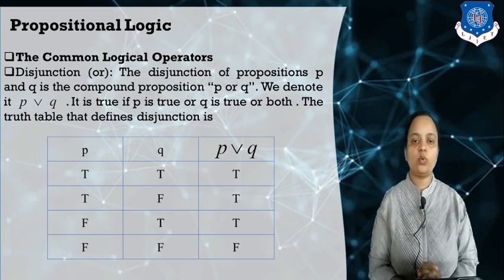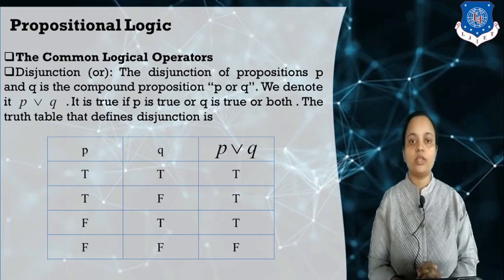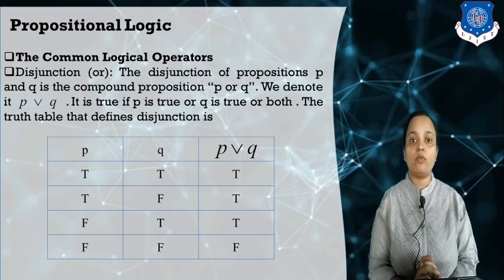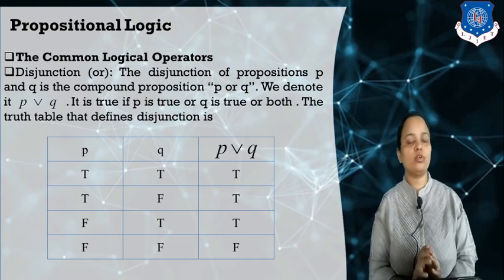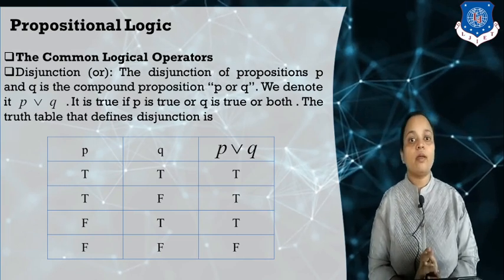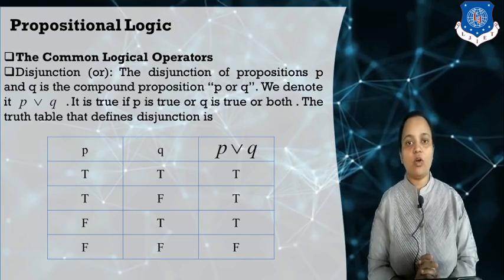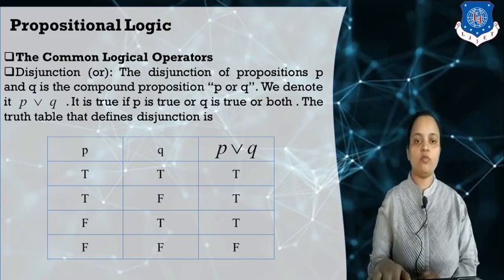When P is true and Q is false, P or Q is also true. So by seeing this truth table, we can say that P or Q is true if either P is true or Q is true or both are true. Now let's move on to the next.